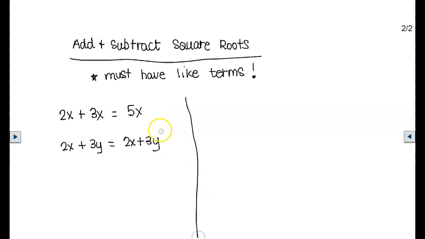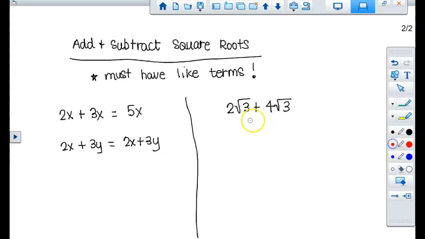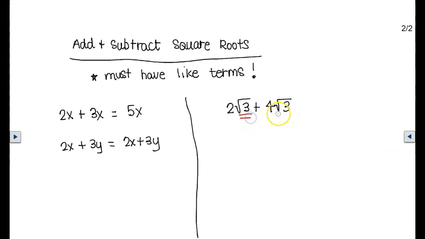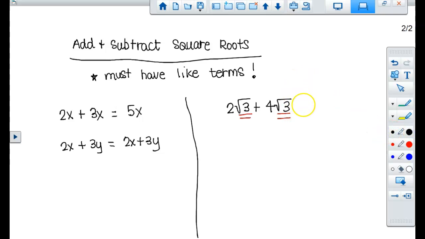So like terms can be added and subtracted, unlike terms cannot. Now how's that going to look with square roots? Well, if I were to ask you to do 2 square roots of 3 plus 4 square roots of 3, those are like terms. And those are like terms because both of them have the square root of 3 attached to them. So if I wanted to add those together, I could.